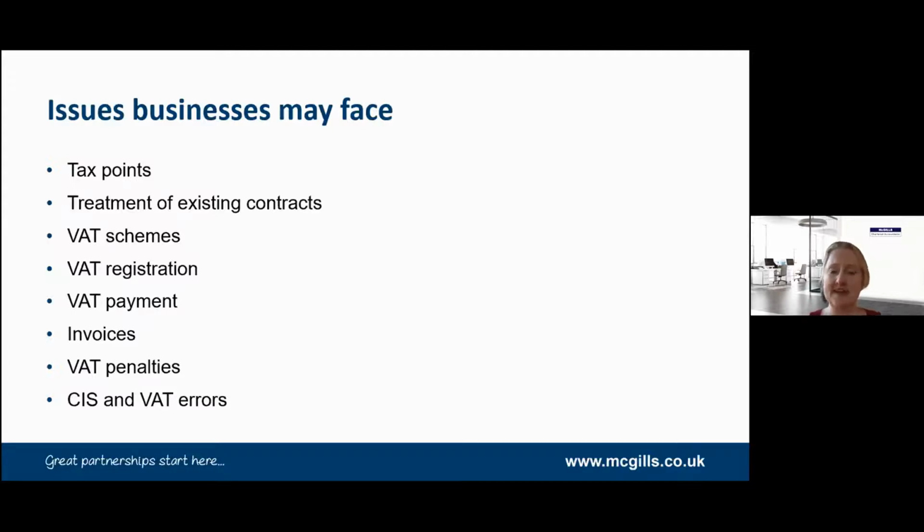When we're thinking about invoicing, it does need to be clearly stated if the reverse charge is applying. So suppliers must show all the information that is normally required on a VAT invoice, as well as a note on the invoice making it clear that the CIS reverse charge applies and that the customer is required to account for the VAT.